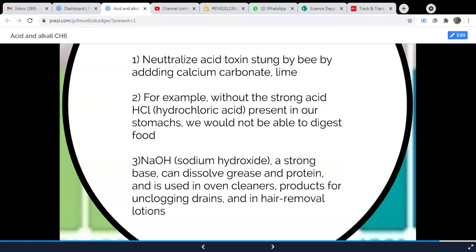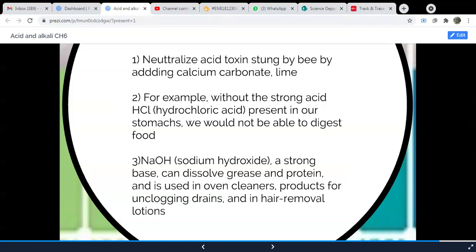So at least you must remember these two, acid and alkali. You will meet hydrochloric acid again in Form 2, and in Forms 4 and 5 if you take chemistry, and also sodium hydroxide.